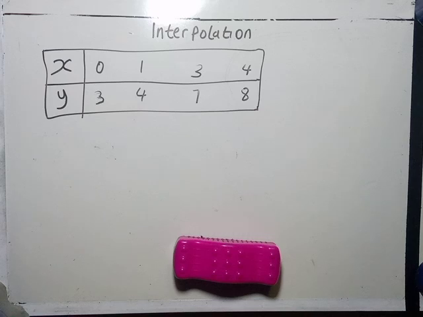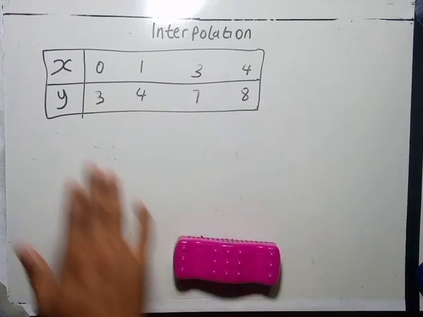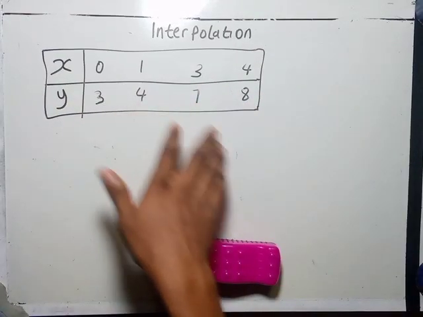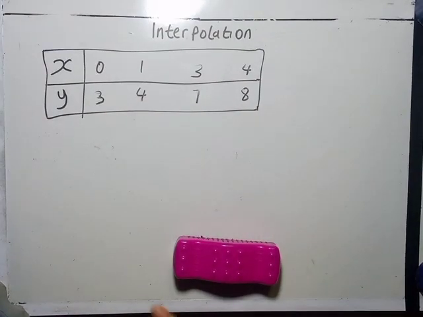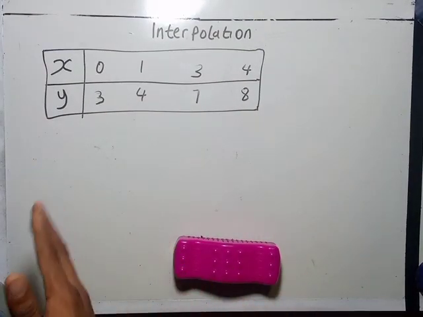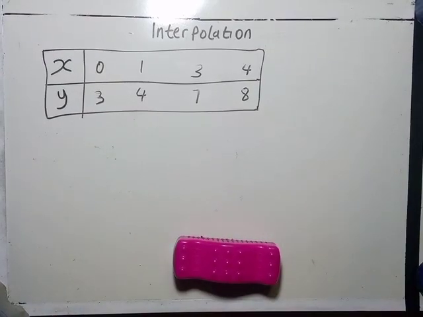Now, in some cases, they will tell you what is the value of y when x is 2. You can see in this example I'm giving now, there is no 2. So they can ask you what's the value of y when x is 2, or even when x is minus 1.